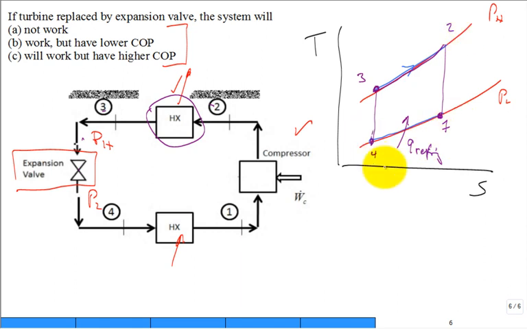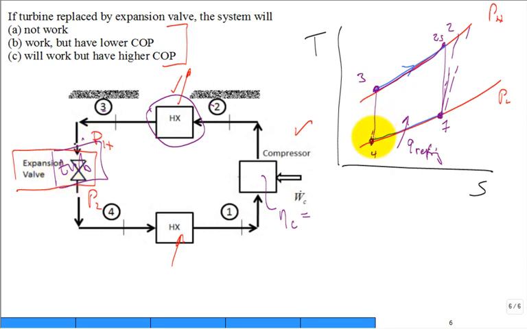Instead of going clockwise, it's counterclockwise, 1 to 2 to 3 to 4 on a TS diagram. Now, if you had inefficiency of the compressor, let's say the isentropic efficiency is not 100%, it's 98 or 96 or 90 or 80%. Where does state 2 drift off to? This is now 2S, and doesn't state 2 drift off like that? Yeah, right? And so let's think about the turbine.